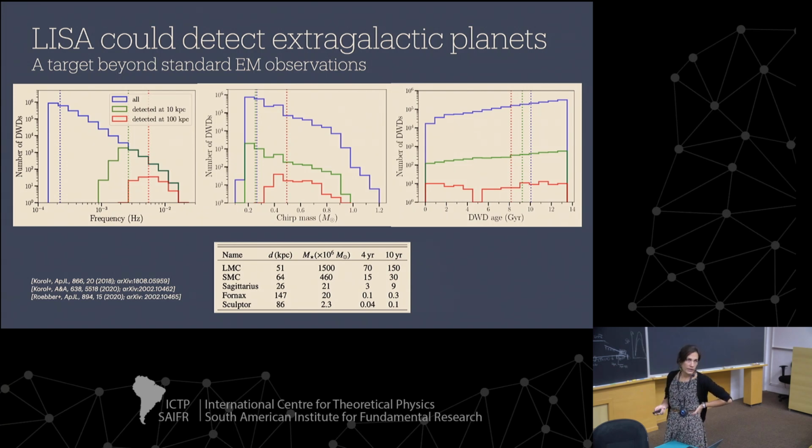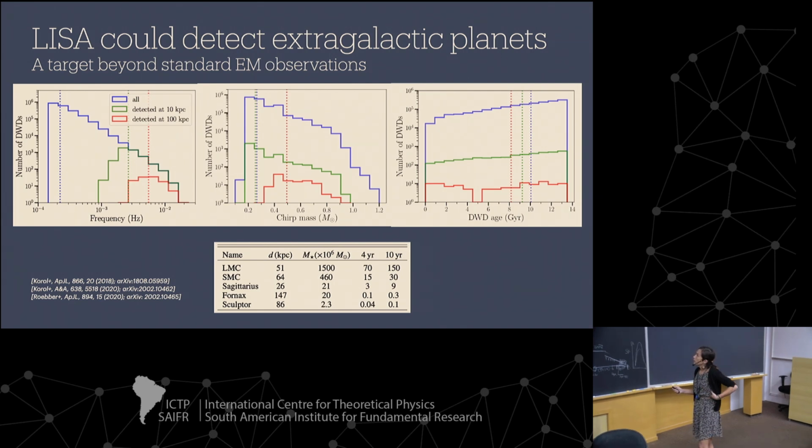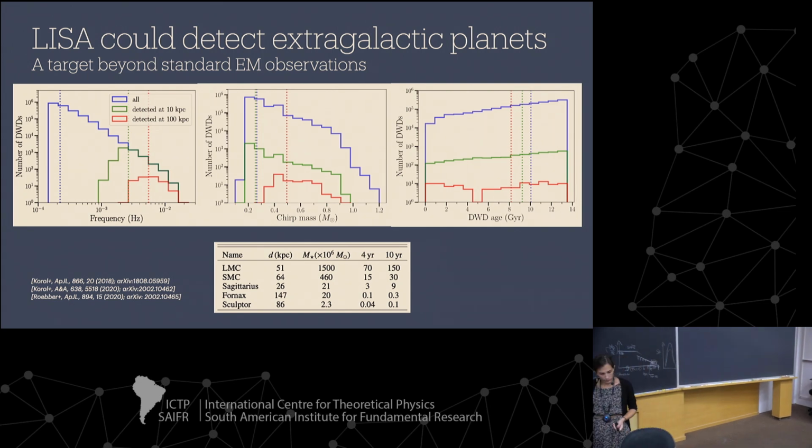So what I'm expecting, basically, if I have the same number of double white dwarfs as in the Milky Way, but I put them at that distance, I will be able to detect many fewer compared to what we have in the Milky Way. So indeed, at the Large Magellanic Cloud, which is 51 kiloparsec, in 4 years I can detect 70 systems, and in 10 years I can detect 150.